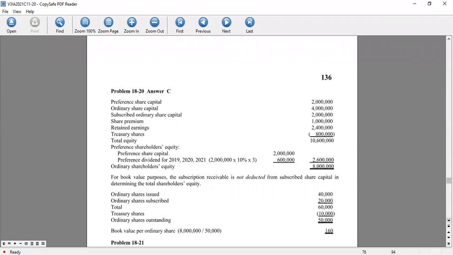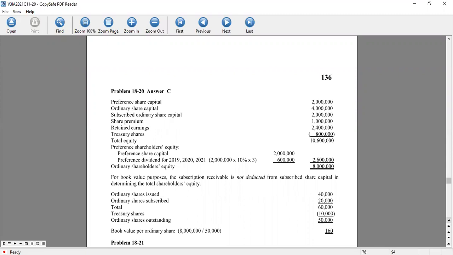Deduct 2.6 million from 10.6 million. The ordinary shareholders' equity is 8 million. For book value purposes, the subscription receivable is not deducted from subscribed share capital in determining the total shareholders' equity.